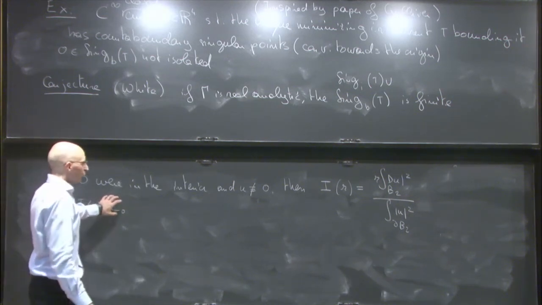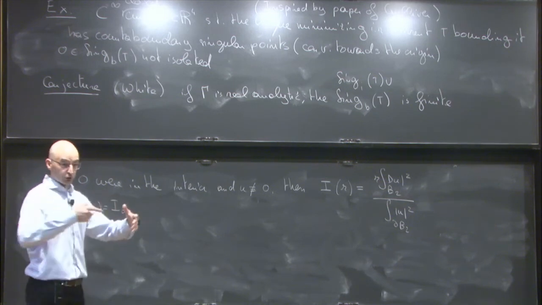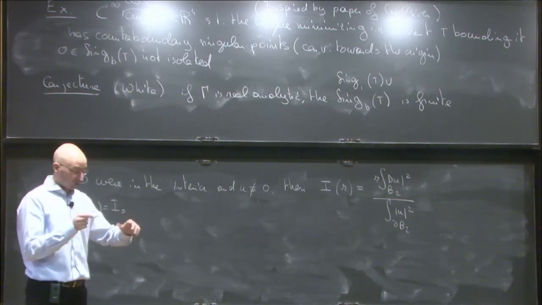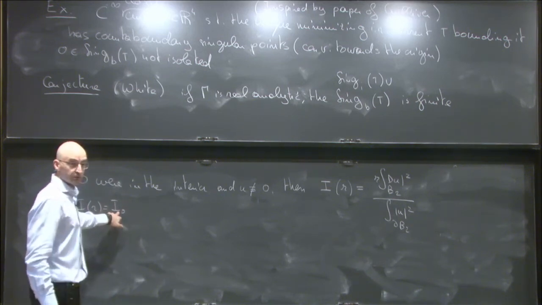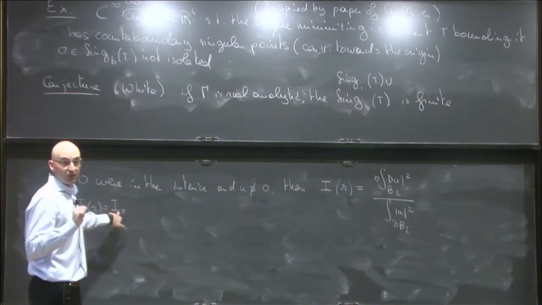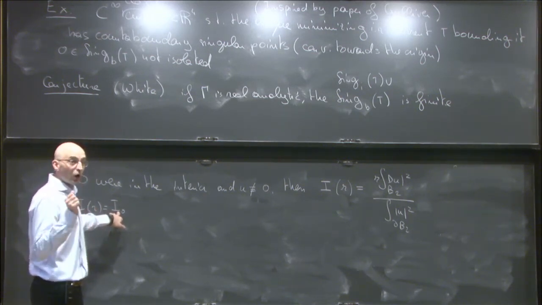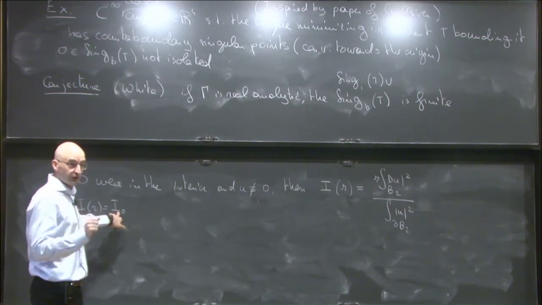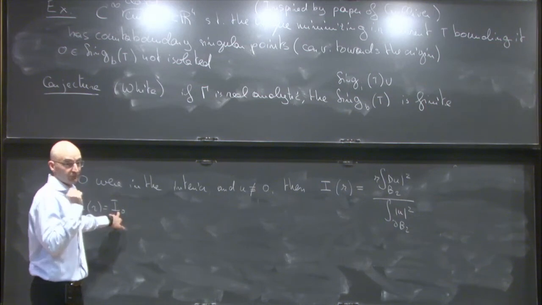Appropriate rescalings of your function u, when you're zooming into your point 0, converge to a function which is I0 homogeneous. That's a fancy way to tell you that this I0 is the degree of the first non-trivial harmonic polynomial in the Taylor expansion of your function u at the point 0.